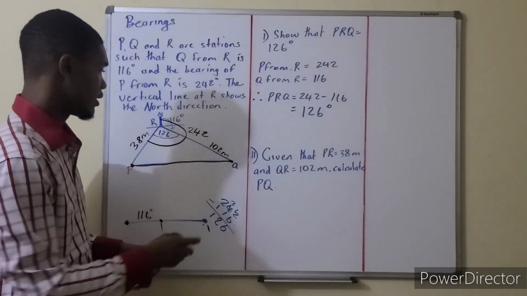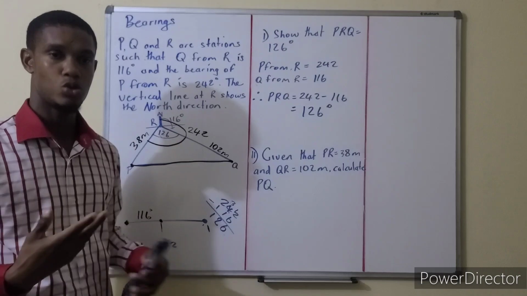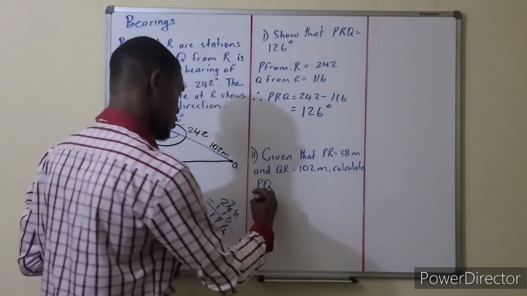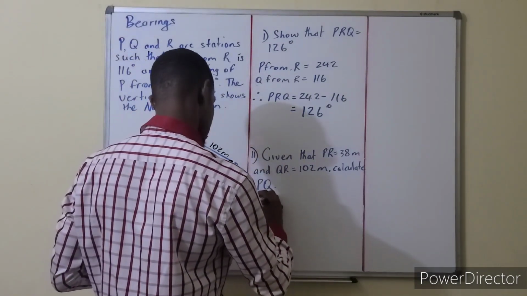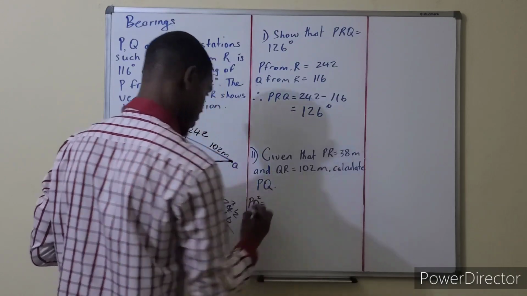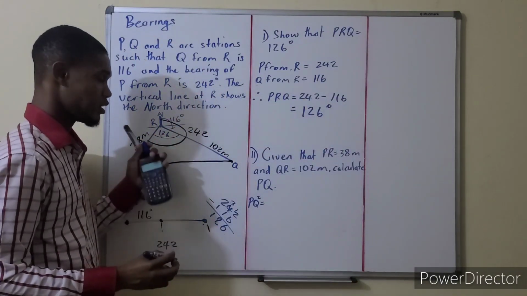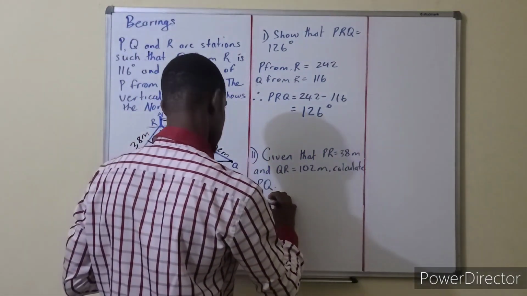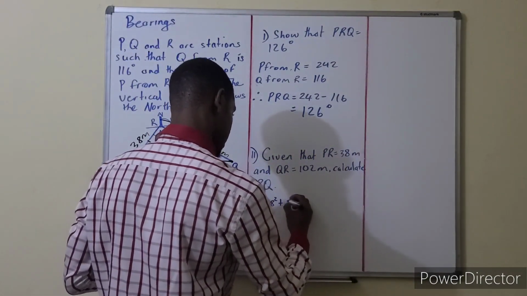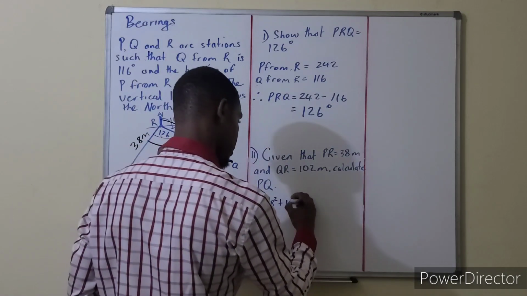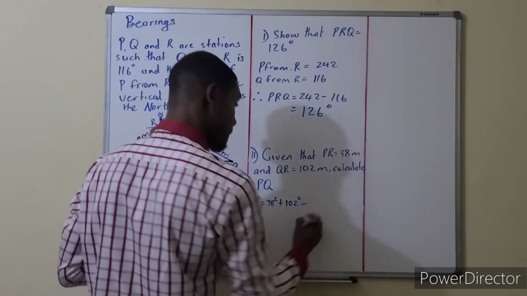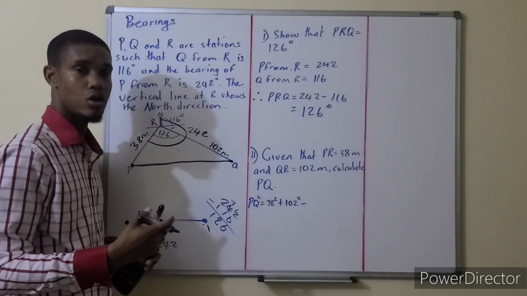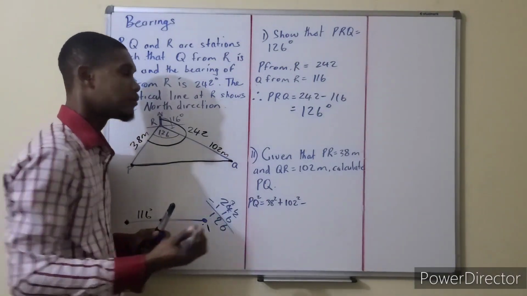So in this case, it's saying that PR, which is a letter that you don't decide. So PQ squared is equal to the square of the other two sides. So it will be 38 squared plus 102 squared, minus the product of the other two sides times 2.